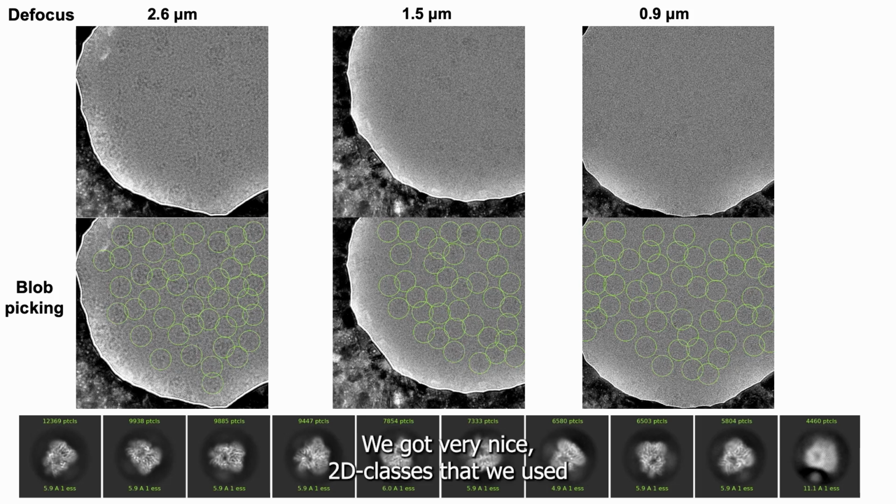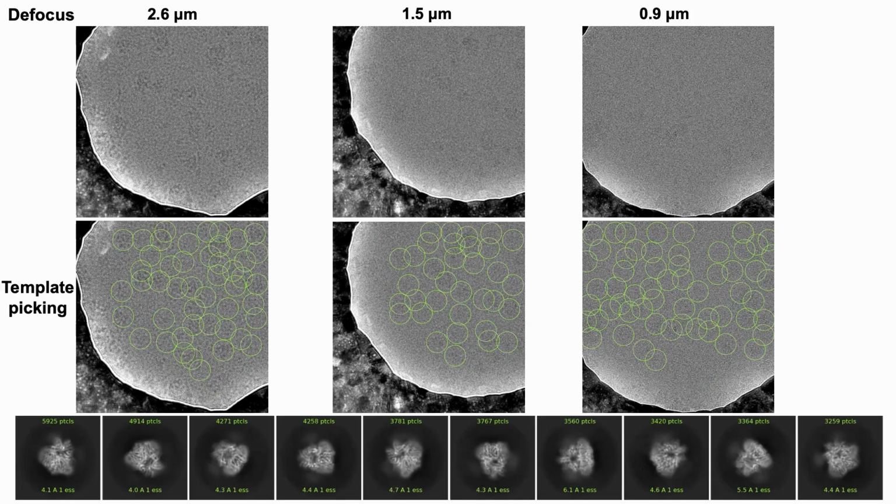We got very nice 2D classes that we used as templates for a template picking job. Here you can see the same micrographs, but this time with template picking. We had the same observation: easy to remove picks on the gold, and we don't have picks close to the edge of the holes.